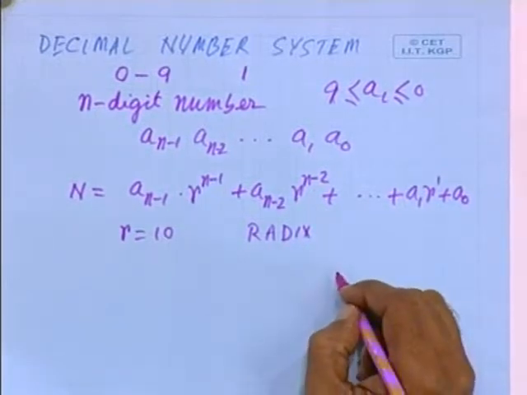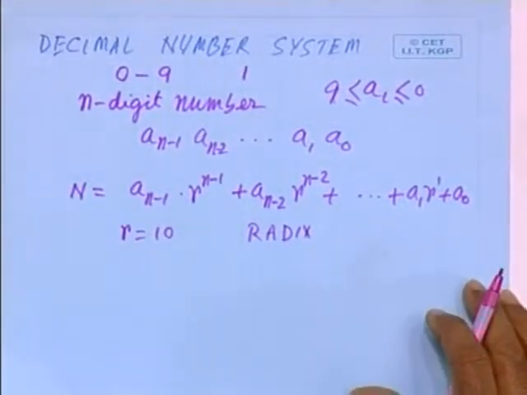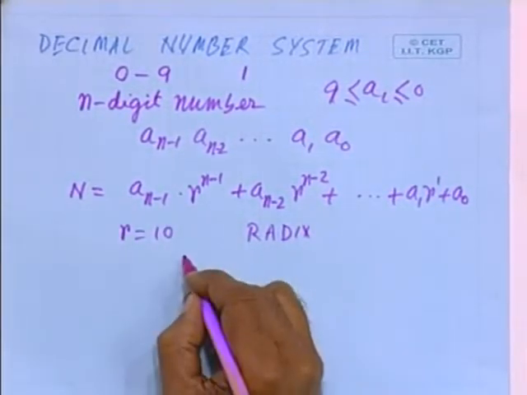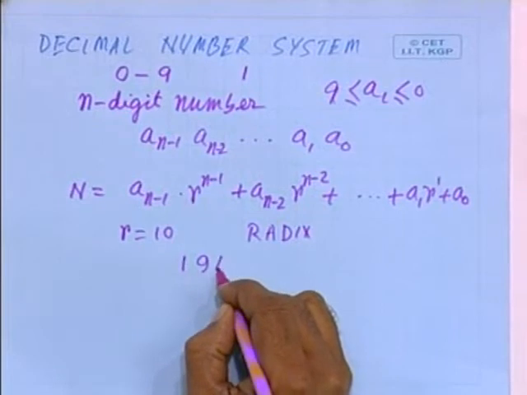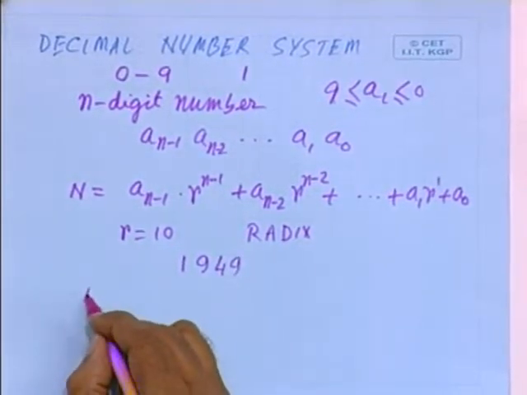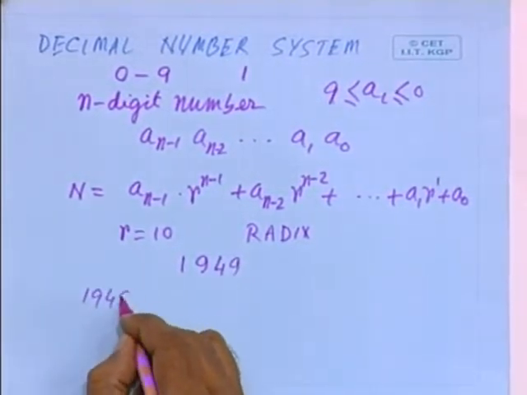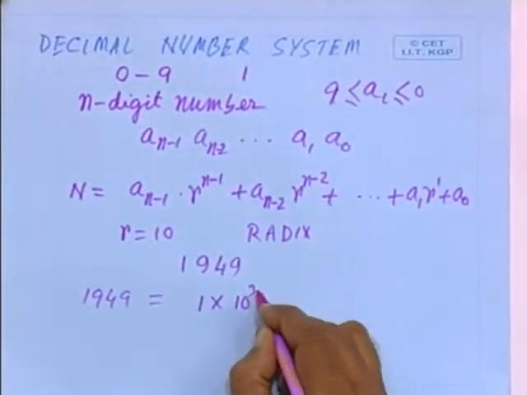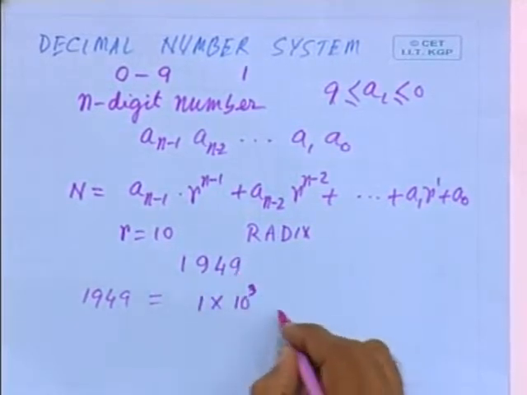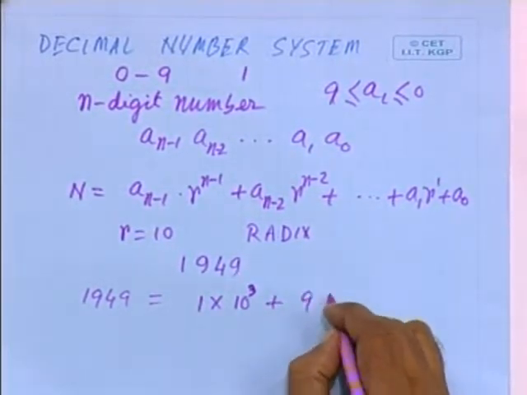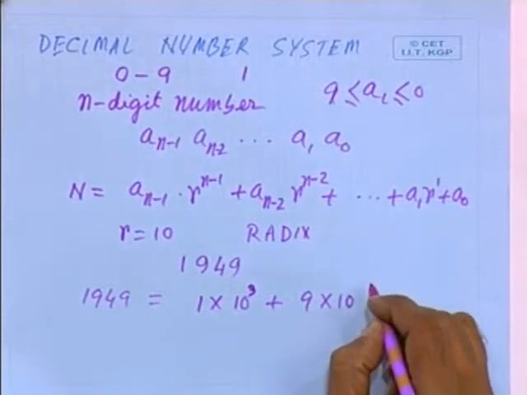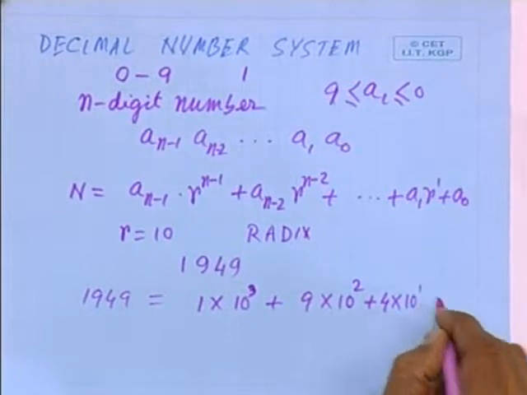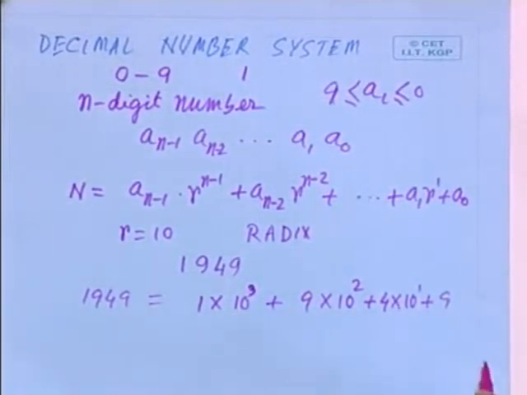Let me illustrate with an example. Suppose the number is 1949. How did we get it? 1949 is equal to 1 into 10 to the power 3, because it is a 4-digit number, plus 9 into 10 to the power 2 plus 4 into 10 to the power 1 plus 9. That is how we got it.